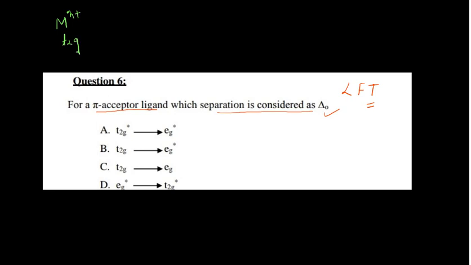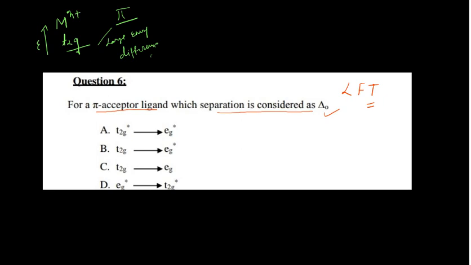Your pi acceptor ligands will have very high energy. So this is the energy for the T2g orbital, and for pi acceptor ligands the energy is somewhere here. So this energy difference is quite large.